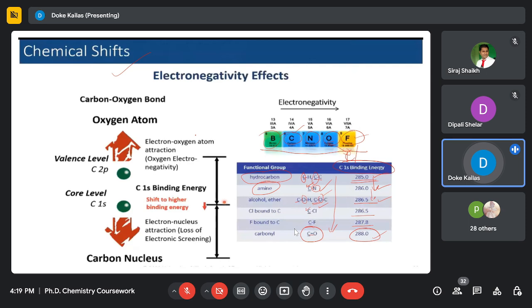This is one example of a polymer. You see this is a survey spectrum, and in the survey spectrum two peaks are very intense, carbon 1s and oxygen 1s. These are the core shell electrons having higher binding energy.